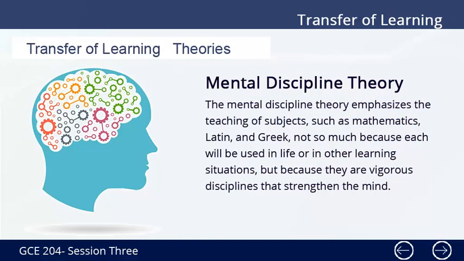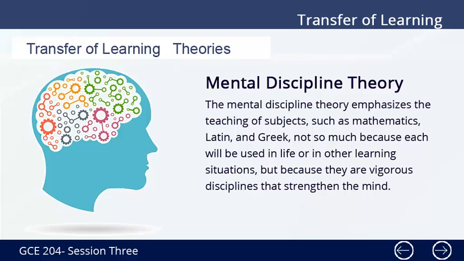Transfer of learning theories. Several psychologists have propounded theories on transfer of learning. Some of them are discussed below. Mental discipline theory. From the Aristotelian-based view of learning comes this theory in the 19th century that the mind is like a muscle and can be strengthened with continuous, vigorous exercise.